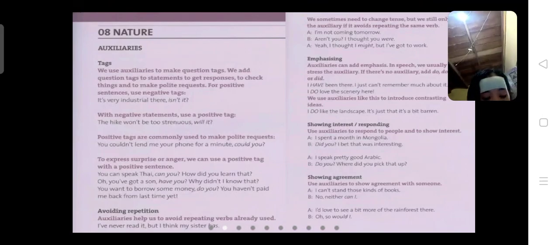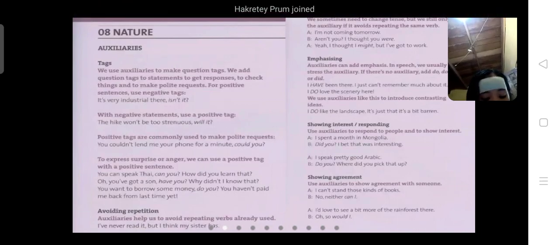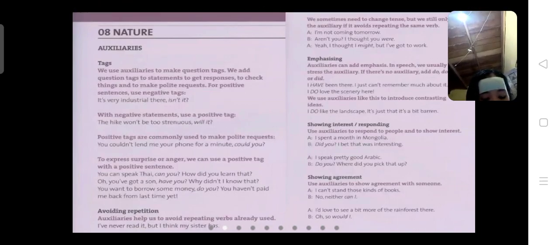We use auxiliaries like this to introduce a contrasting idea. I do like a landscape. It's just that it's a bit barren. Yes, and about the next point, showing interest or responding. Use an auxiliary to respond to people and to show interest.